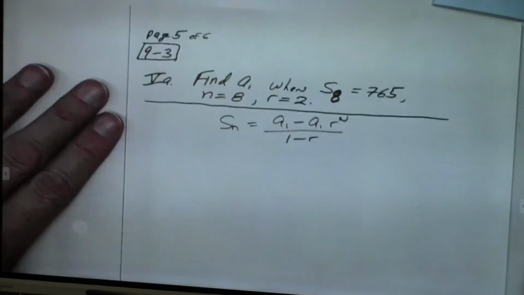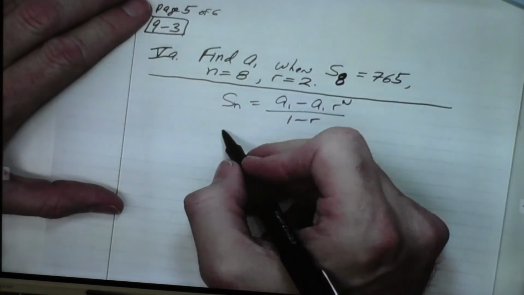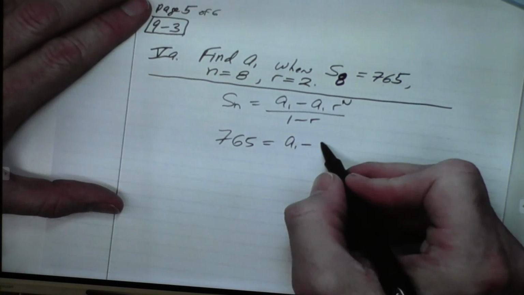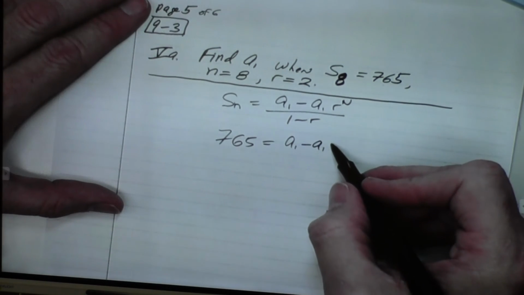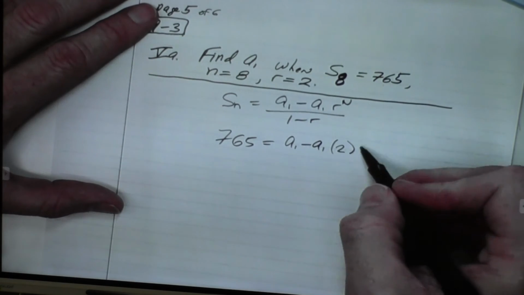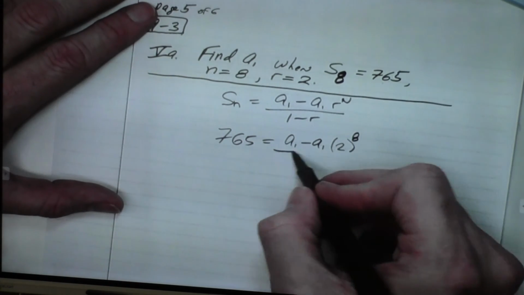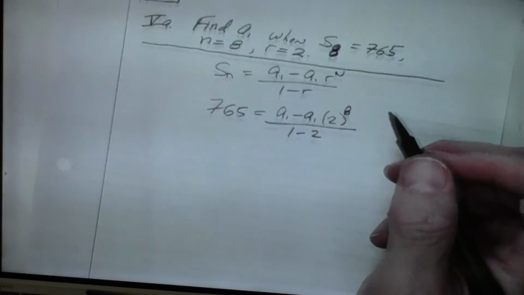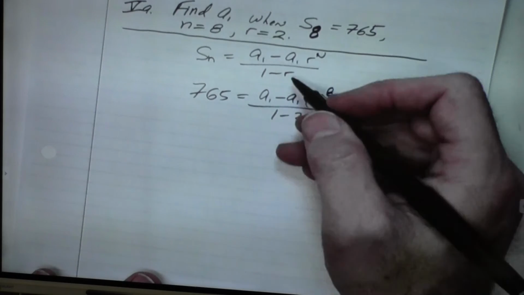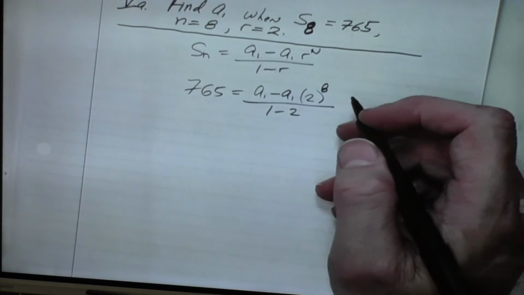Now, let's plug those in. 765 is equal to A1 minus A1 times the r, which is 2, raised to the 8th power over 1 minus 2. Now, a little thing, if we now calculate that, the problem is we've got A1 in there twice.